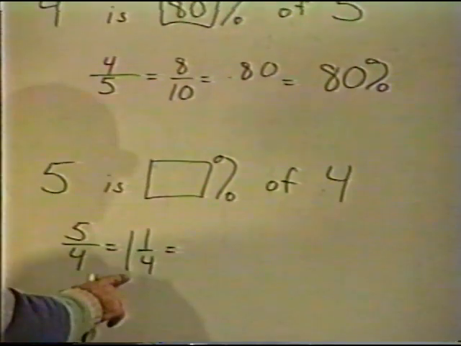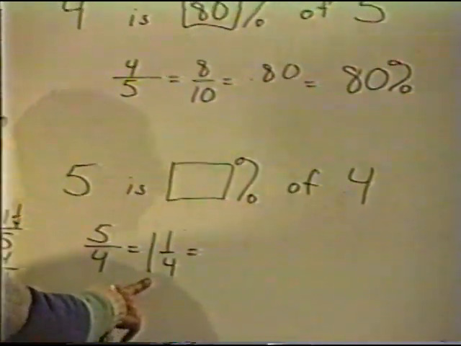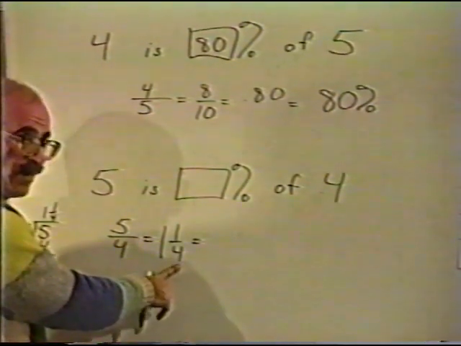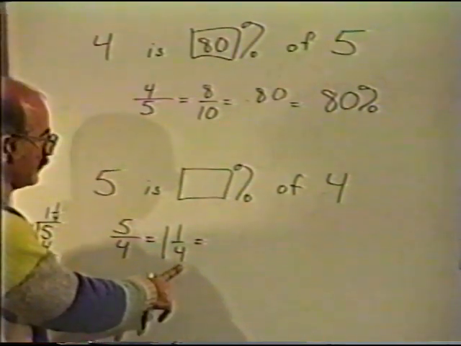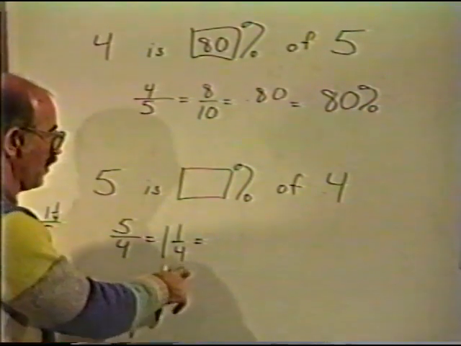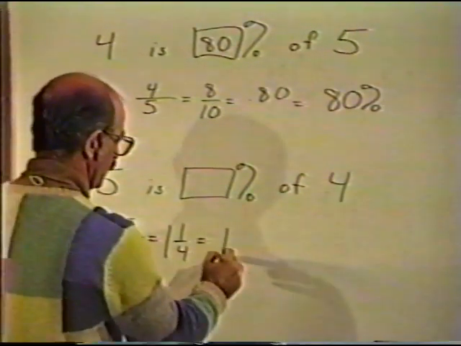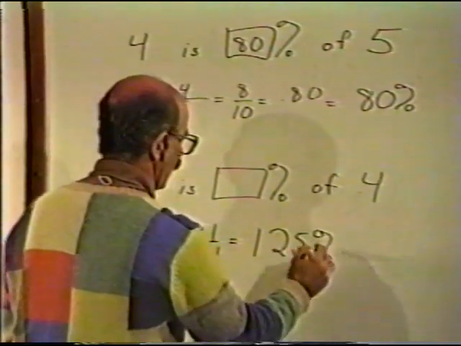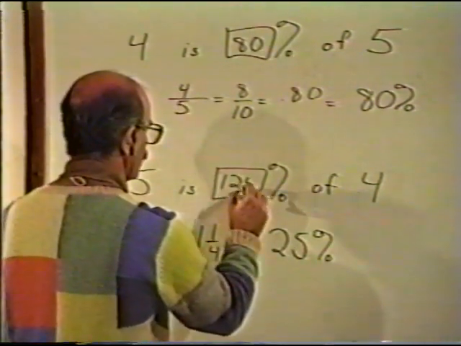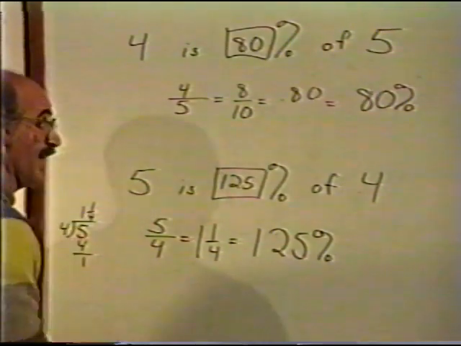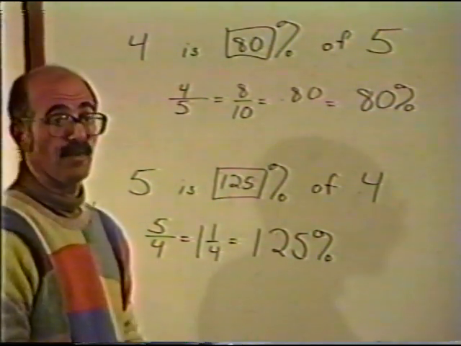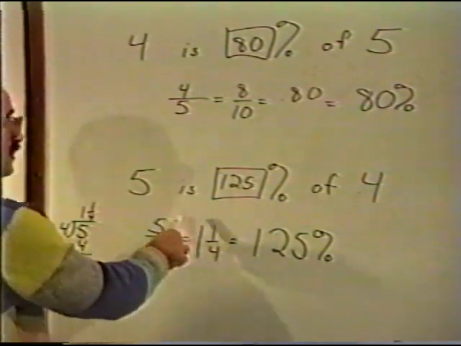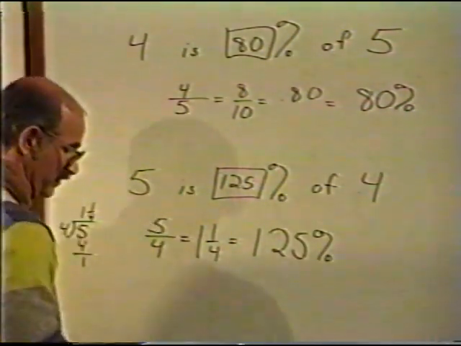How much percent is 1? 100. How much percent is 1/4? 25%. How much altogether? 125%. And that's more than 100% because 5 is greater than 4.